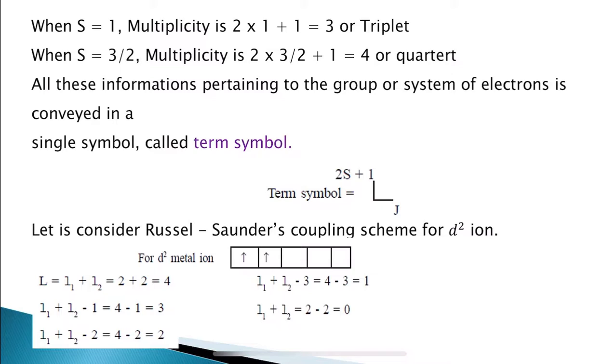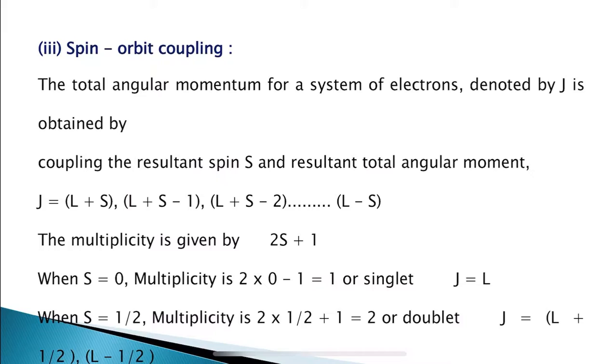All this information can be obtained by studying the term symbol of a particular group or system of electrons. This is what is known as spin orbit coupling.